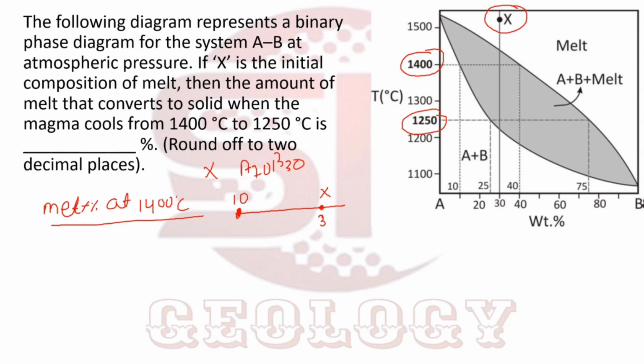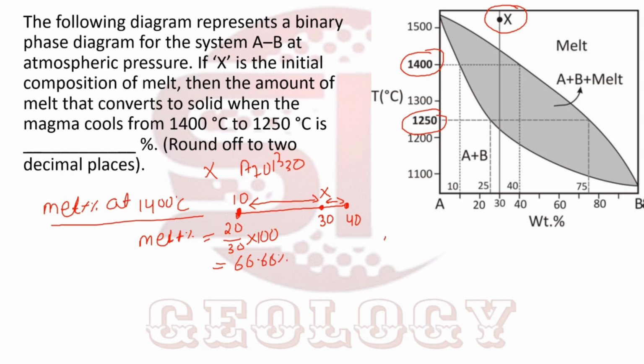It is your 30. It is given 40. So this segment represents solid and this segment represents liquid. So we will calculate the melt percentage. The melt percentage will be 20 divided by 30, into 100, which will be 66.6%.